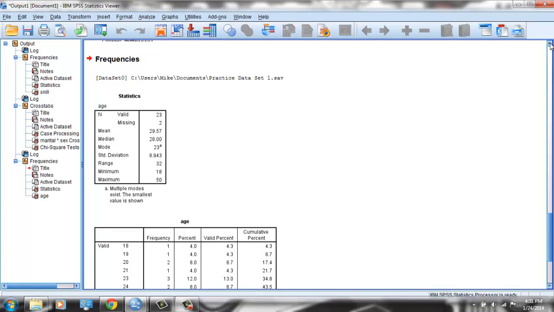Let's see here. The median, we already talked about. The mode's the most common. Standard deviation. That means we can expect the empirical rule: 68% of the folks within one standard deviation above and below. 95% is two of them, so on and so forth. The range just means that 50 minus 18 is 32. And that's what it tells you. So the range is 32 years, and it gives you kind of an idea of what this population looks like in terms of age, right?